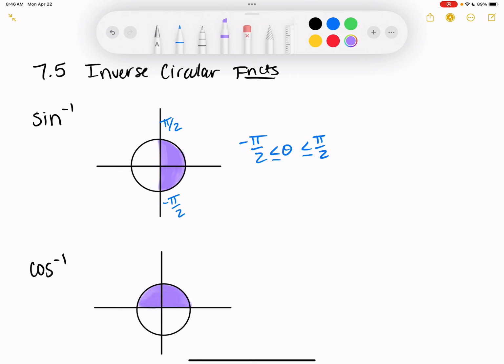And this one's nice and easy. It's just from 0 to pi. So 0 less than or equal to theta, less than or equal to pi.